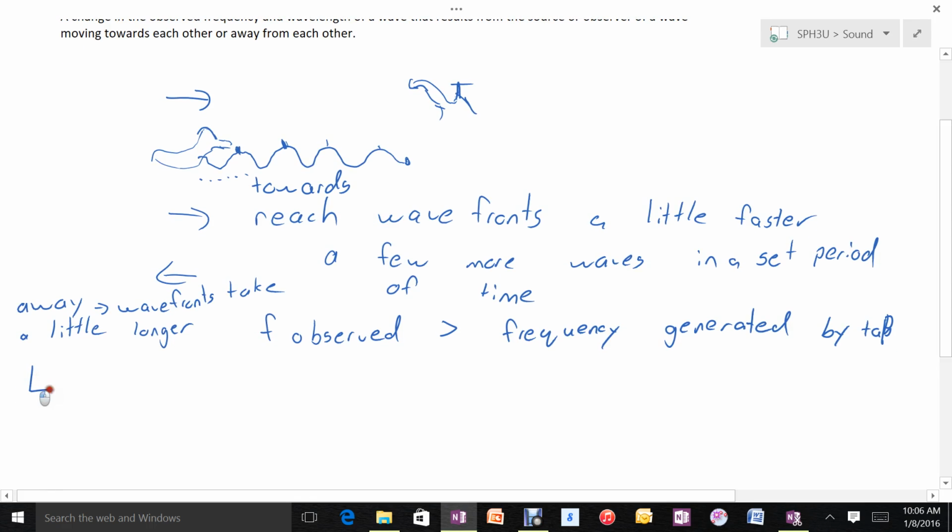So if the duck is moving away, the frequency appears to be less than that of the frequency generated at the tap.